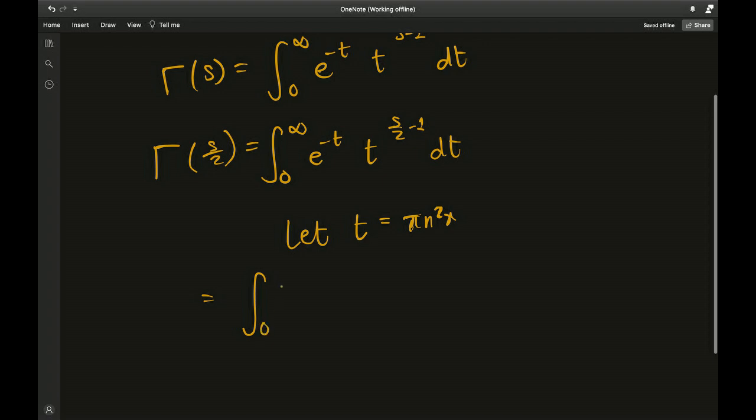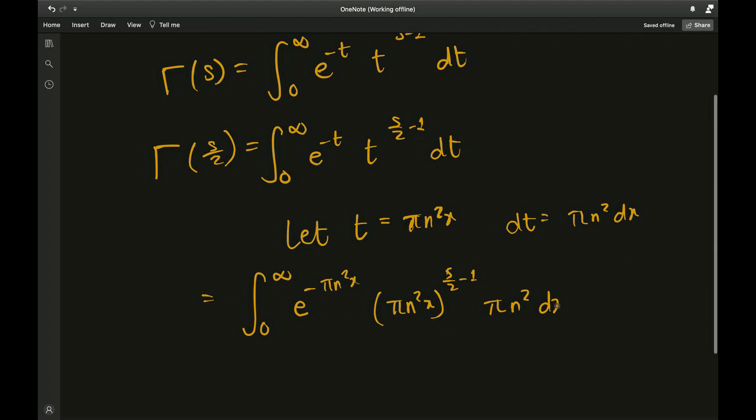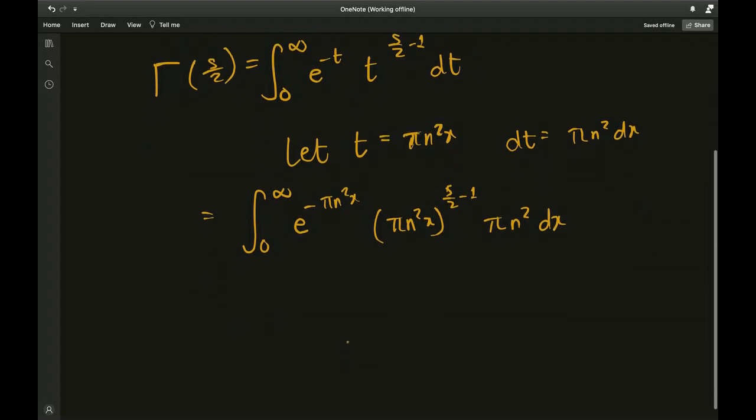We have integral from 0 to infinity e to the negative pi n squared x, and we have pi n squared x raised to the s over 2 minus 1 power, and dt will just invariably be pi n squared dx. Fair enough.